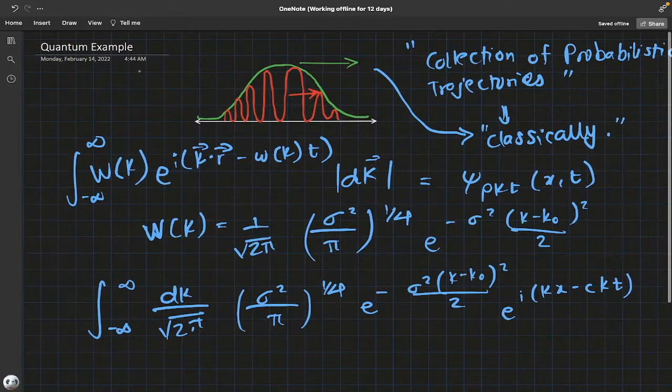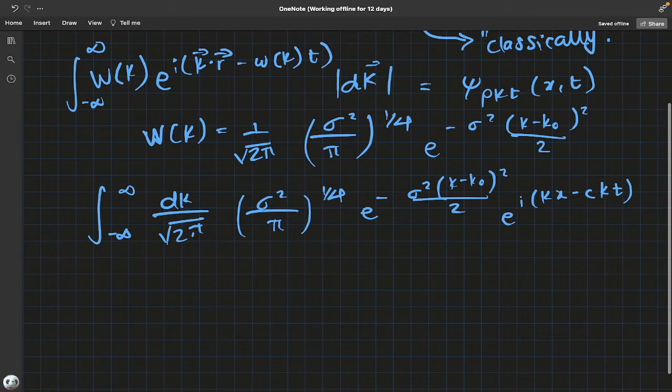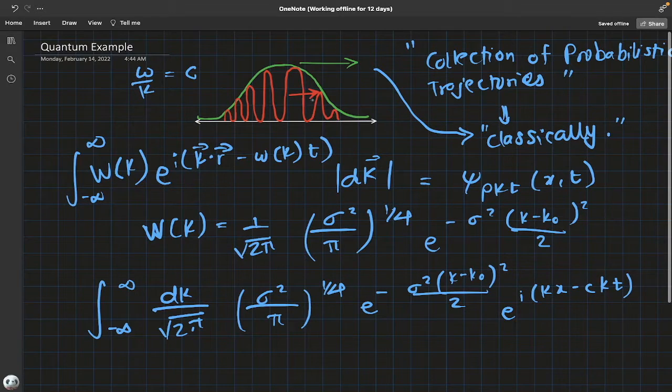So the phase velocity, the ratio of omega and k, is equal to c. That's why you have this. The group velocity is what this green packet travels with; the phase velocity is what this red bunch travels with, which is what each particle will travel at inside, governed by this random red bunch.